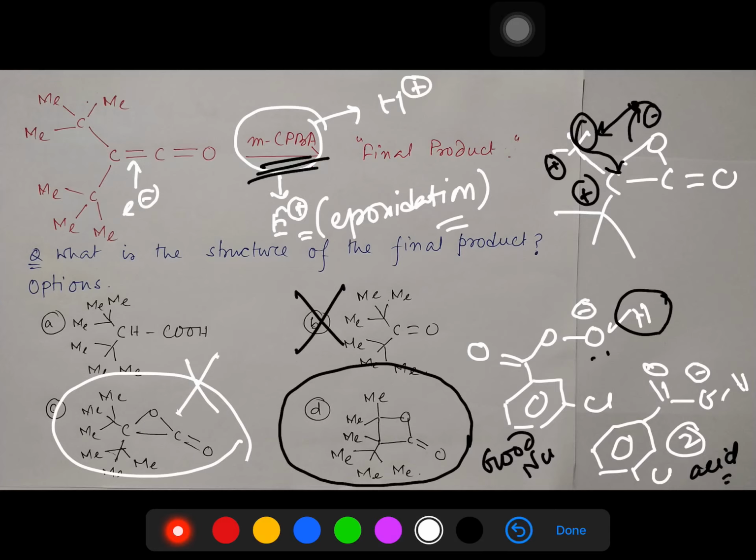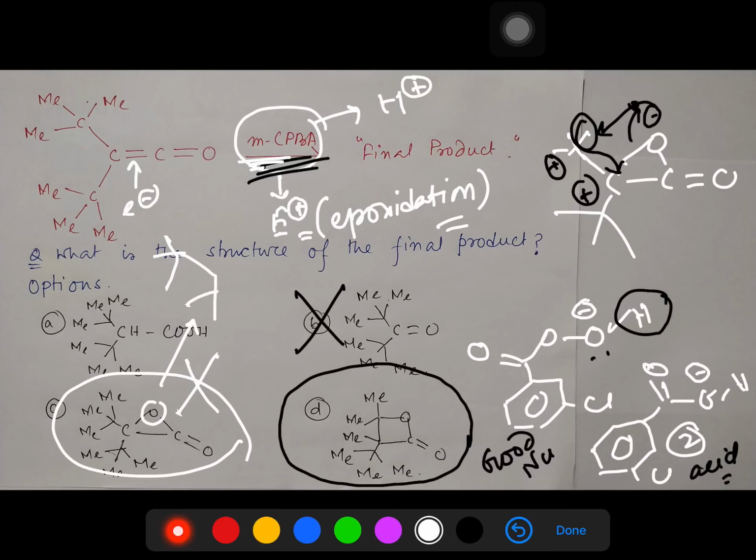Now second thing, see, in this case, if that is MCPBA, some water may be there in the reaction medium. For example, if you react this thing with water, what is expected to result?